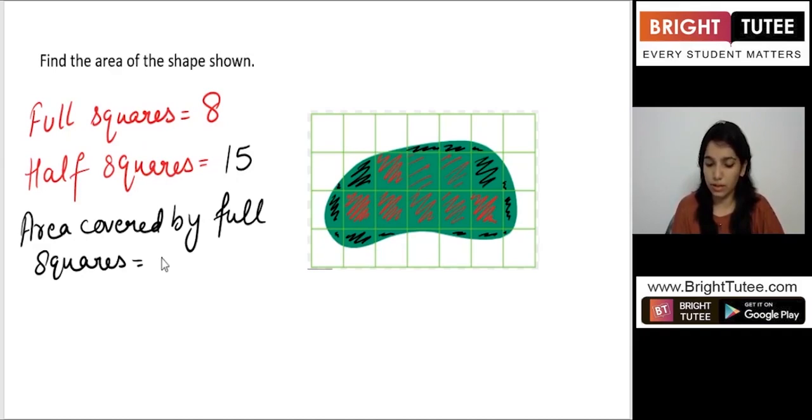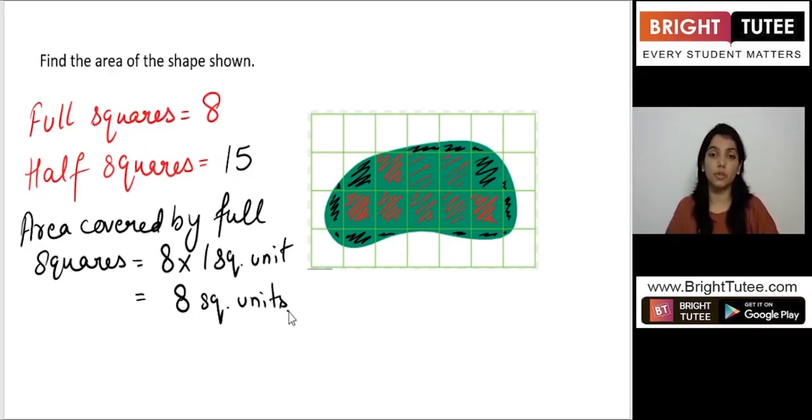So what is the area? That is 8 multiplied by 1 square unit. The unit can be anything: meter, centimeter, millimeter, kilometers, anything. So the answer is 8 square units, right? This is for the full squares.